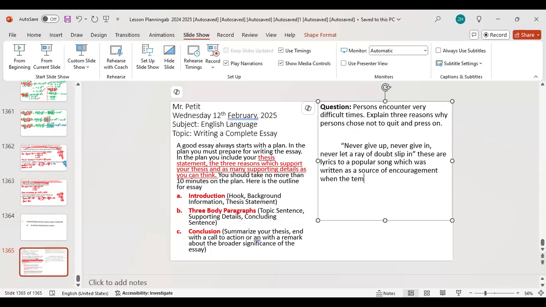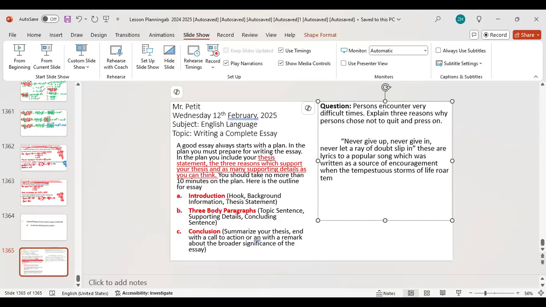the tempestuous storms of life roar, tempting the human soul to what?